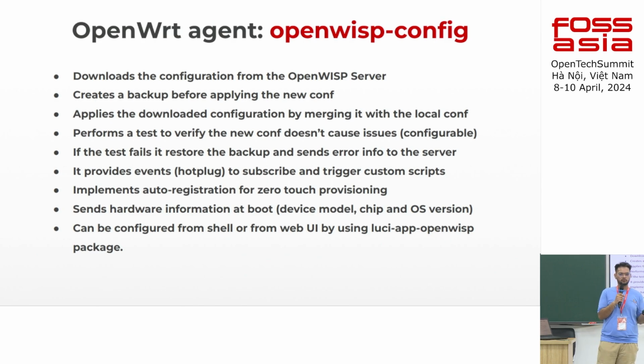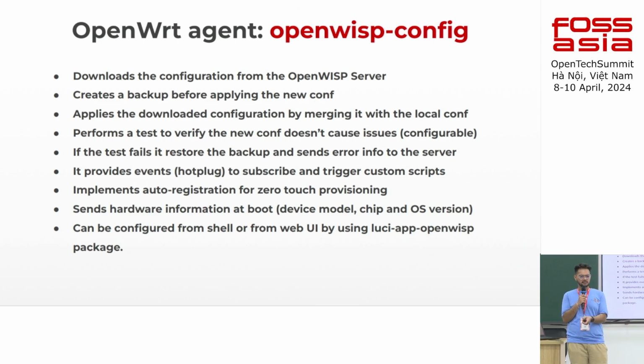Let's say due to some human error, there is a modification in the template, in the configuration created on OpenWISP, which is not supported by this particular device. So the agent will test the configuration. If it runs into any error, it will roll back those configuration changes, and then report to OpenWISP that there was an error applying this configuration, and it would also provide some error log lines which can help to debug the problem occurring on this device.